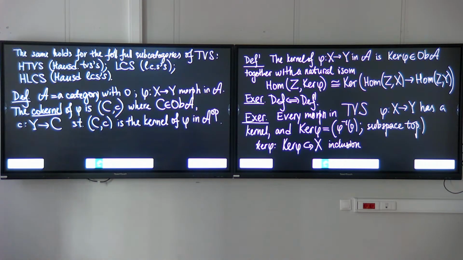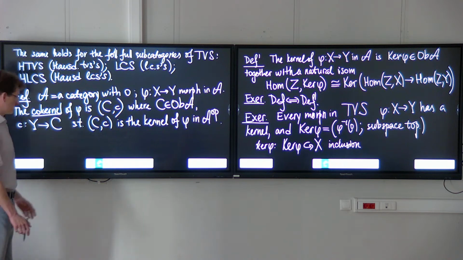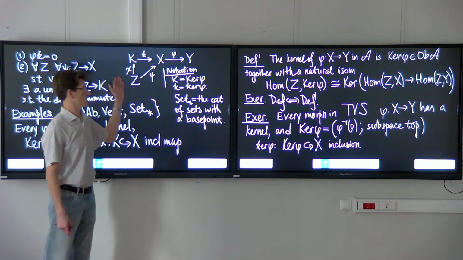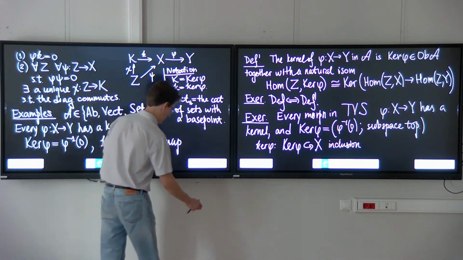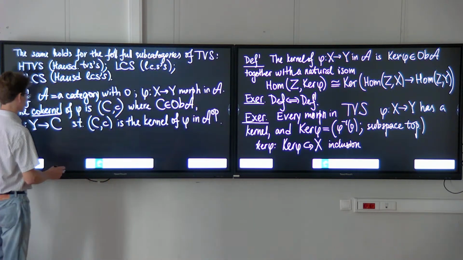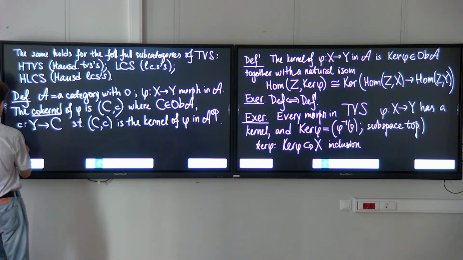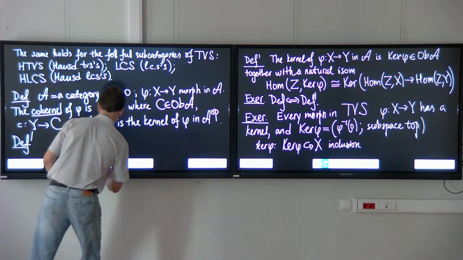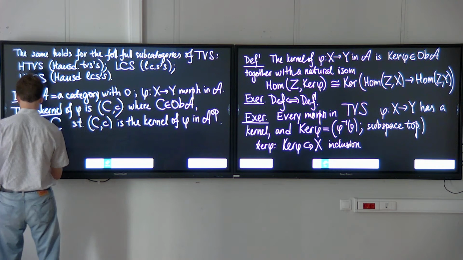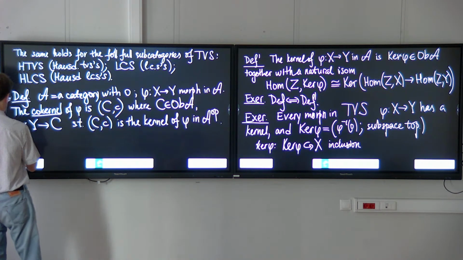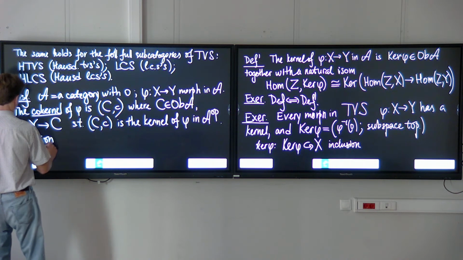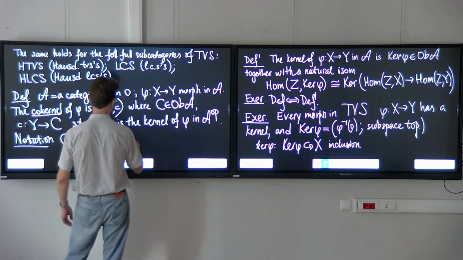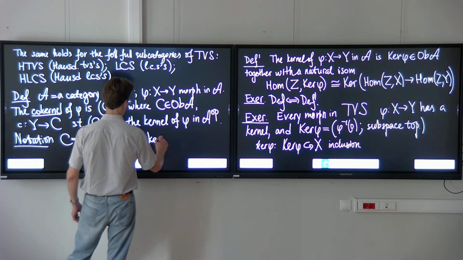A useful exercise is to give an explicit definition in the spirit of this one: just reverse the arrows and get the definition of the co-kernel. And the equivalent definition looks as follows. Well, first of all, some notation. The object big C is denoted like this, and the morphism little c is denoted like this.